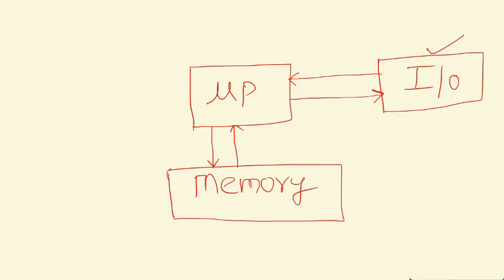To store the data we require memory. Sometimes we want to store the data on a temporary basis or permanently, so we require memory. Without interfacing the memory or input output devices, the microprocessor cannot perform all its tasks. Basically the microprocessor needs to interface the memory and input output devices.